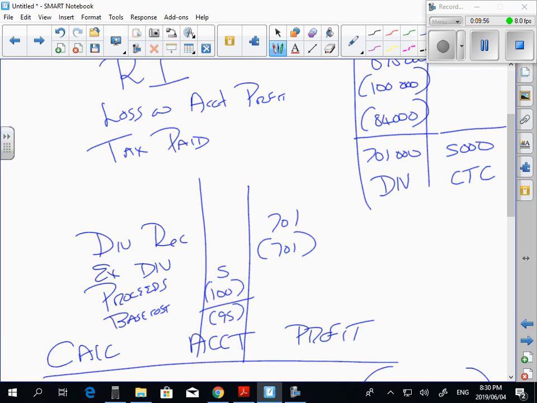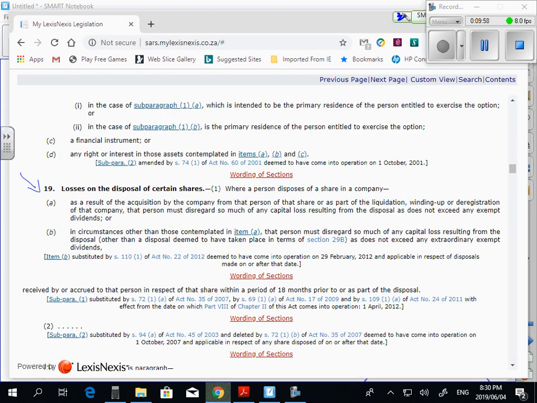And what does that little paragraph say you must do? Let's read it again. It says, where a person disposes of a share in a company as a result of the acquisition of that share from that person, or as part of that liquidation, winding up, or deregistration, the person must disregard so much of the capital loss resulting from the disposal as does not exceed exempt dividends.